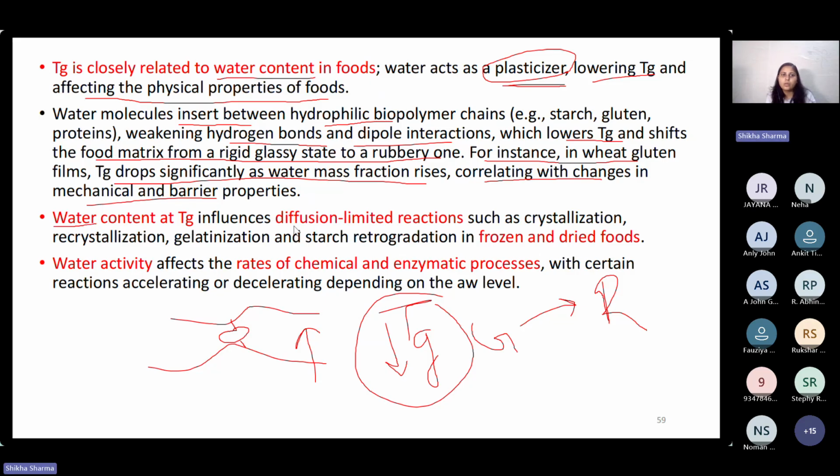Water content at Tg influences diffusion-limited reactions, such as crystallization, recrystallization, gelatinization, or starch retrogradation in frozen and dried products. Because water is limited here, it produces diffusion-limited reactions. Water activity affects the rate of both chemical and enzymatic reactions, so it can accelerate or decelerate the reaction, as we saw in this chart.